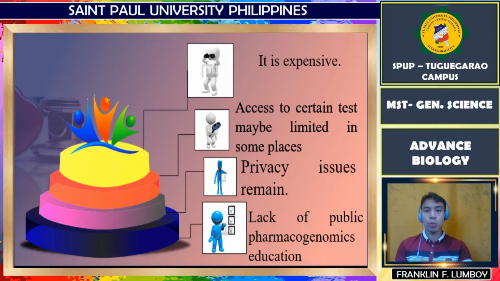So these issues, these disadvantages of pharmacogenomics, are the biggest obstacles preventing pharmacogenomics from seeing greater use in the clinical setting. Pharmacogenomics is the right drug to the right person. To make it simple, no? Pharmacogenomics refers to the right drug to the right person.